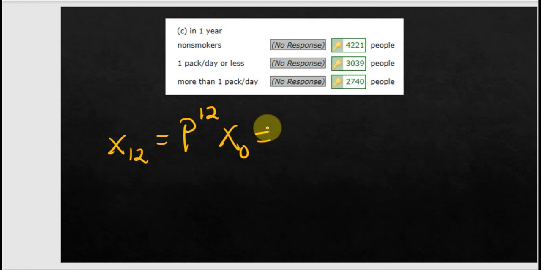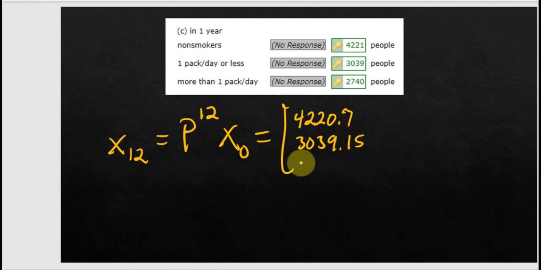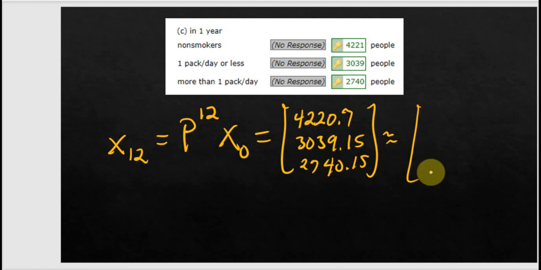So when you do that, you get 4,200.7, 3,039.15, and then 2740.15. And then you round to the whole number, so 4221, 3039, then 2740. Okay.